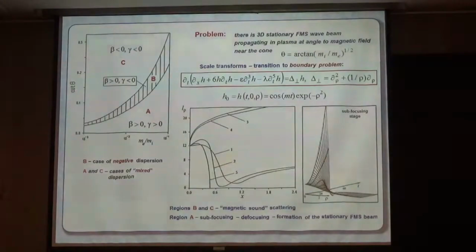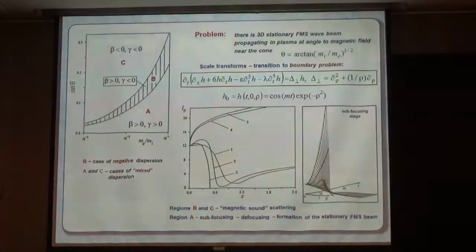In this picture, you can see three regions for different types of dispersion. Region B corresponds to the case of negative dispersion, and regions A and C to the cases of mixed dispersion, when the sign of dispersion differs for short and long waves.